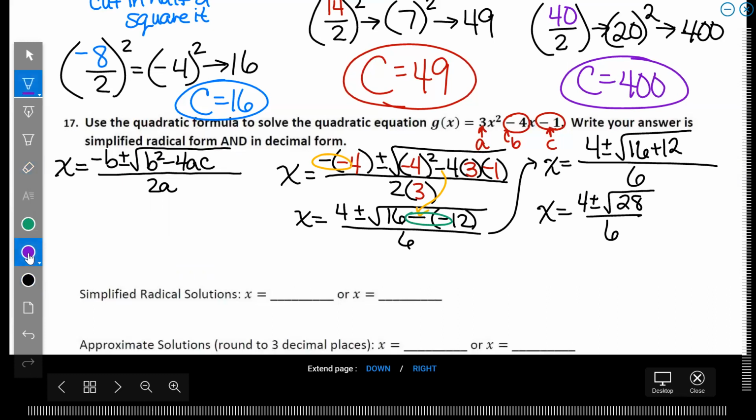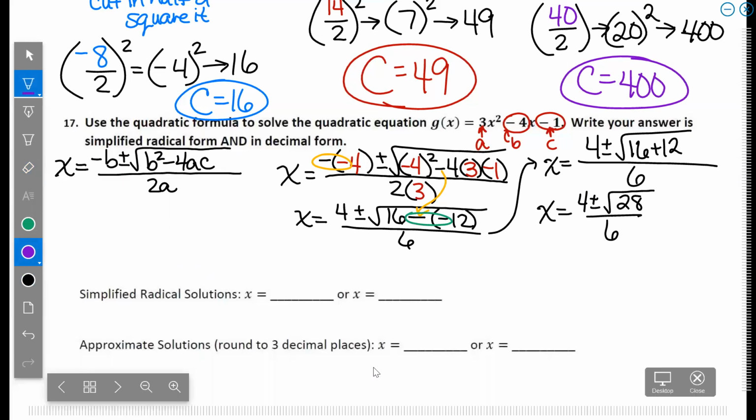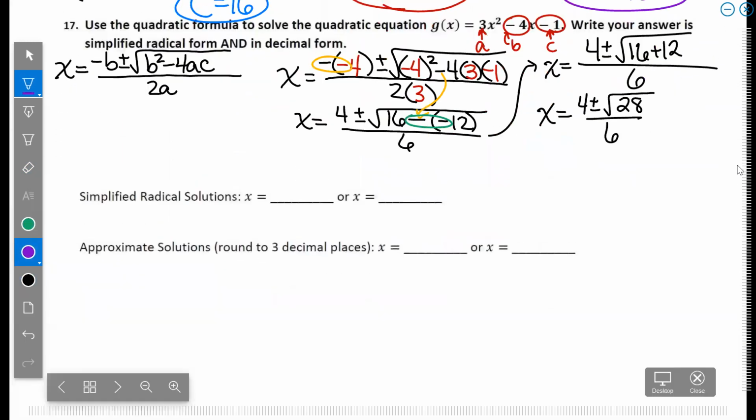Are there things that go into 28? Yes. So let's break that down. What goes into 28? 14 and 2. Is 14 a perfect square? Is 2 a perfect square?